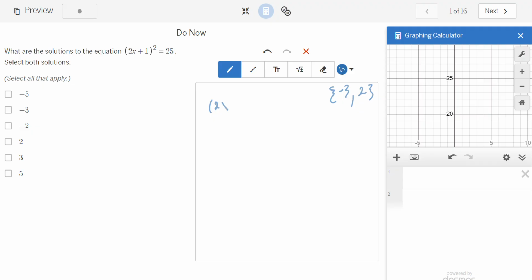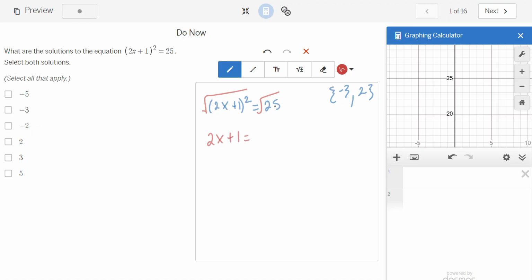So if I have 2x plus 1 squared equals 25, we can now take the square root of both sides. Okay? When I take the square root of both sides, this radical cancels out that 2 on the left side. So the left side becomes 2x plus 1.